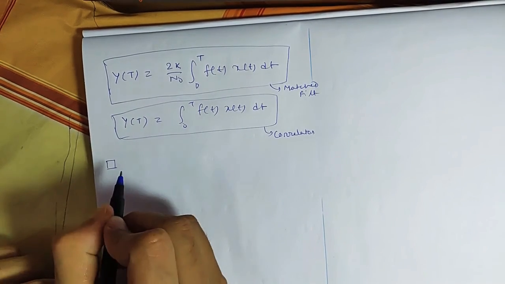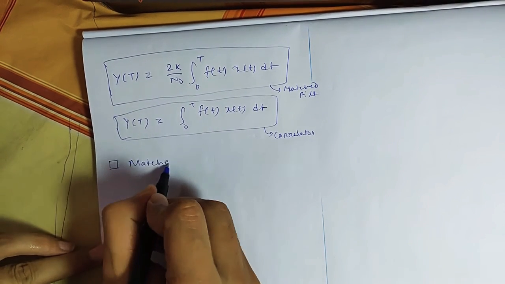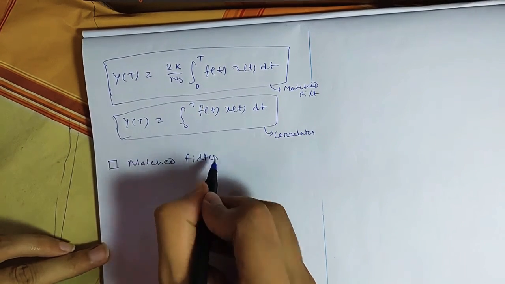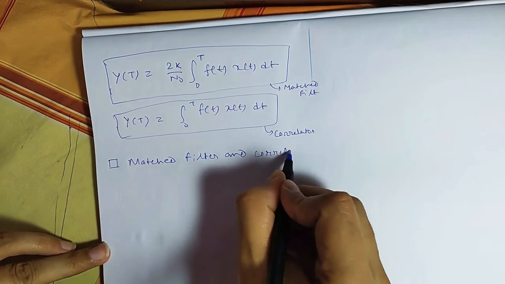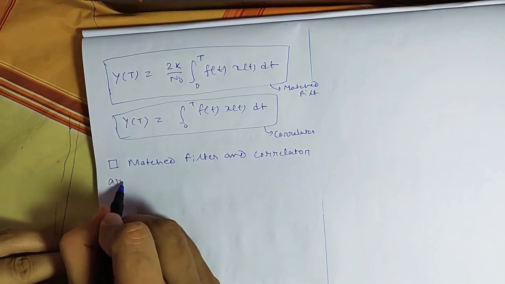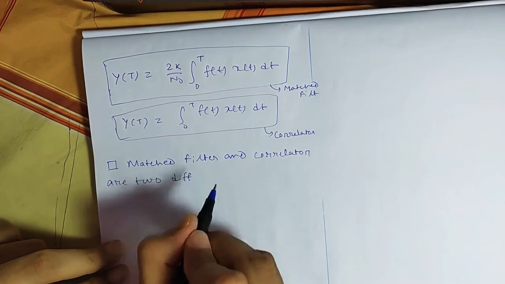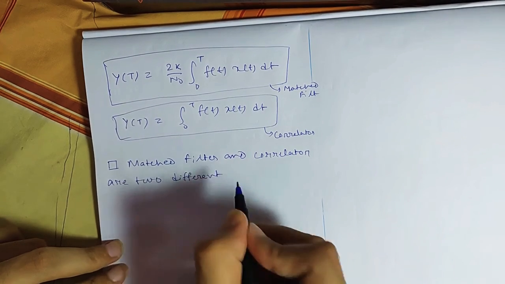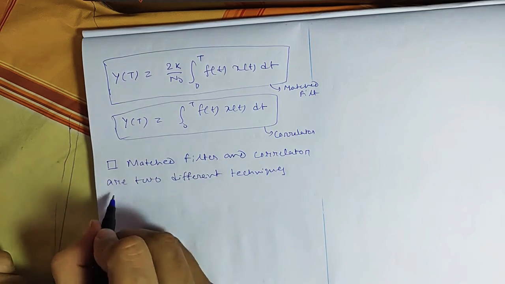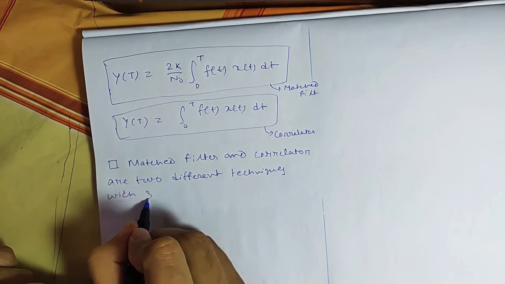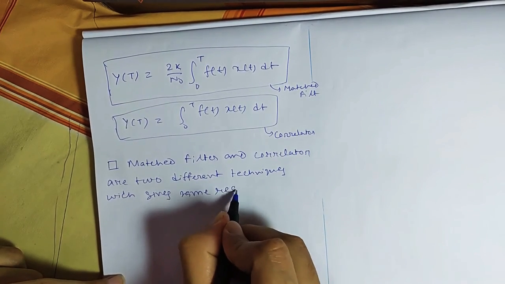Thus we can say the matched filter and correlator are two different techniques which give the same result.